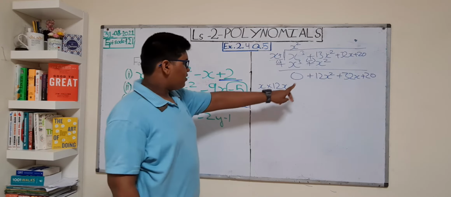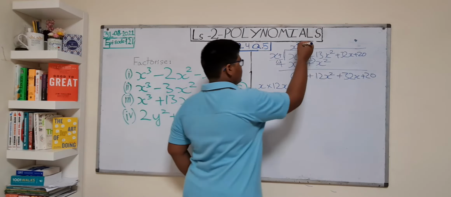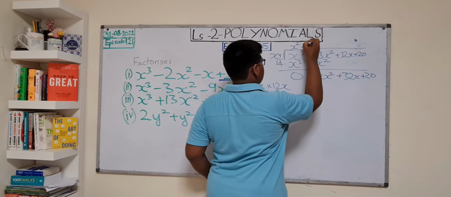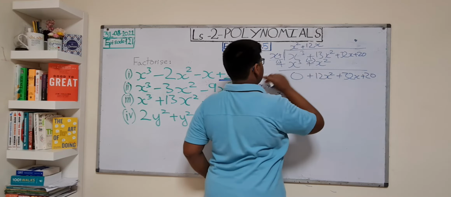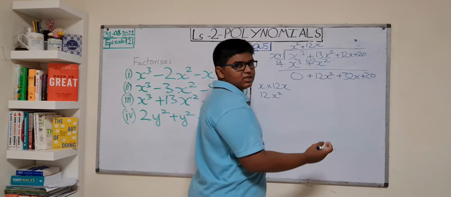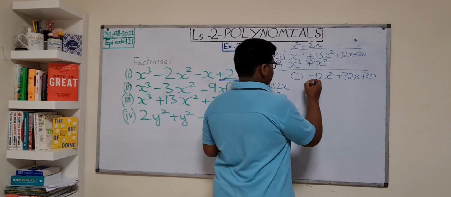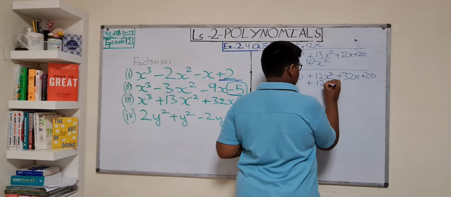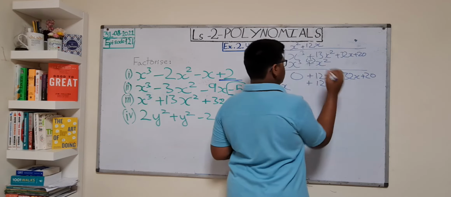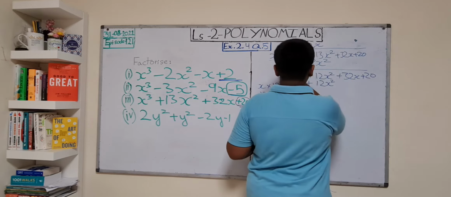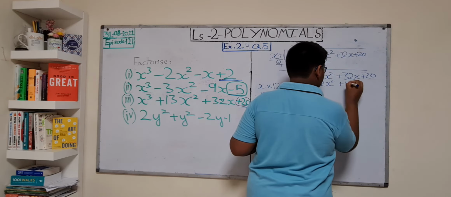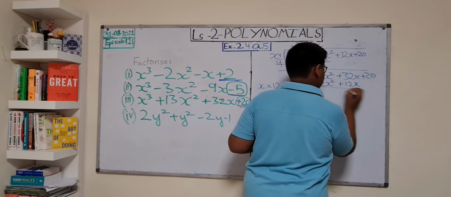So that's why we can take plus 12x. Okay, then we have to multiply the same thing with 1 also. So here we will have 12x plus 12x squared, then plus 32. If you multiply that, 12x as it is.